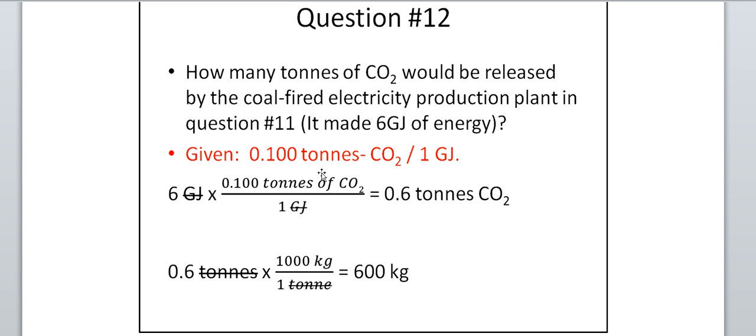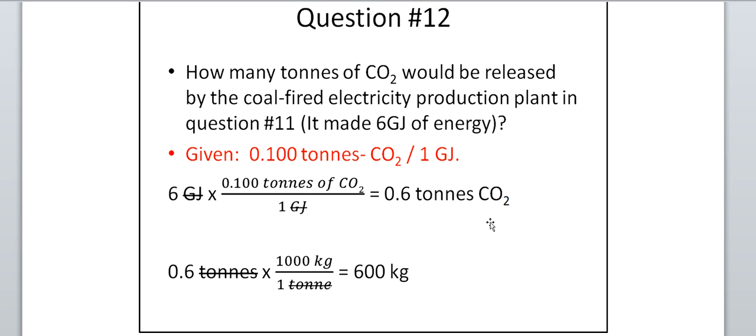And again, a conversion factor is given, producing 0.1 ton of CO2 per 1 gigajoule. You've got 6. You use this conversion factor to multiply them out. Your gigajoules will cancel.